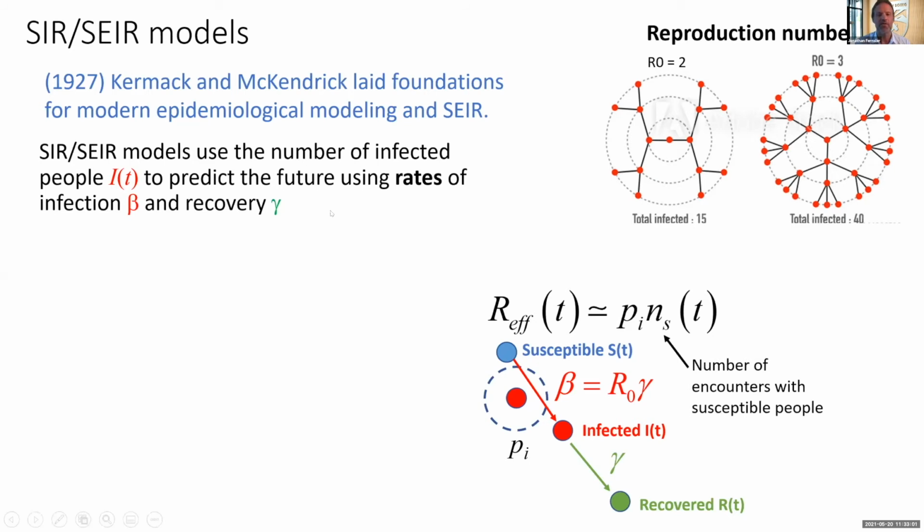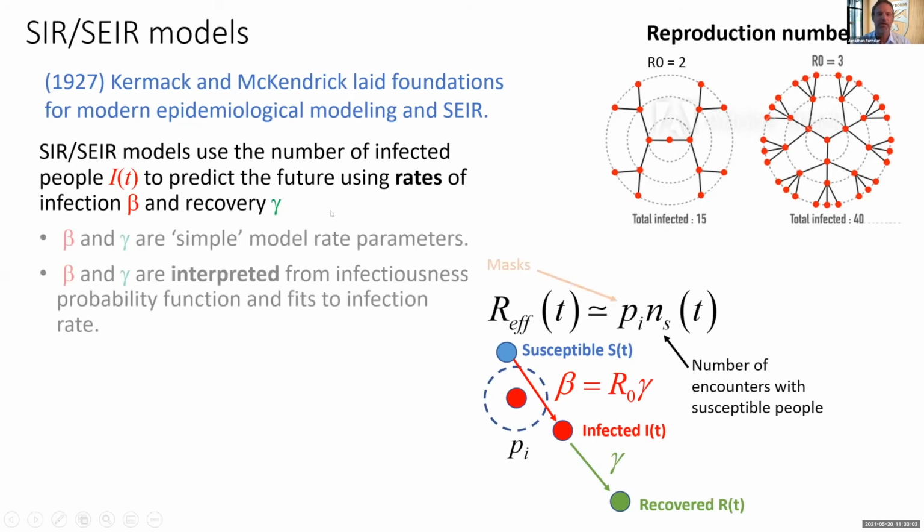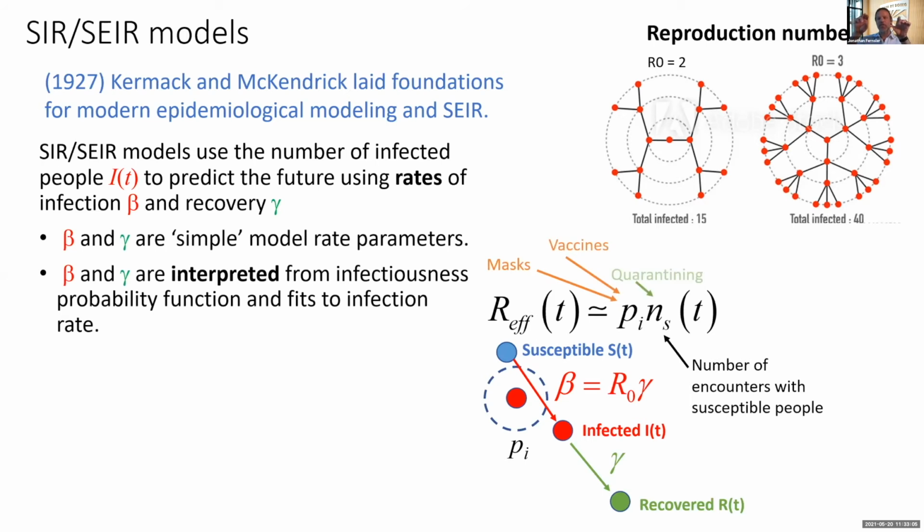These rate parameters can be thought of as little knobs you can turn to adjust how people's behavior could change and then predict how the model will adapt to it, like people wearing masks or social distancing or quarantining, etc. These parameters must be interpreted from the infectiousness probability function, and they use fits to the infection rate data to seed the model.